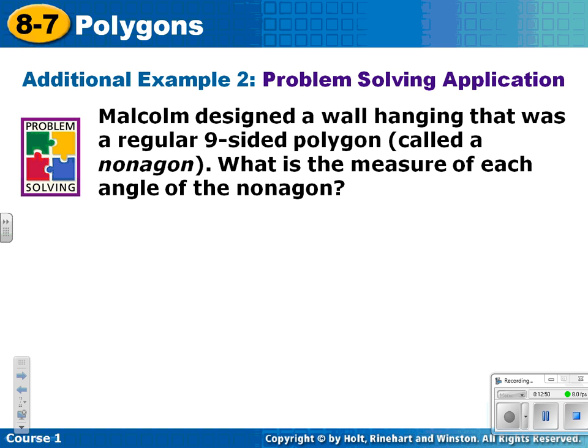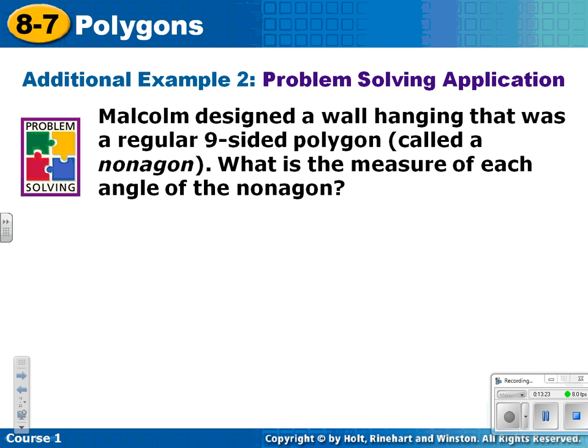Okay, now this is the complicated part. Malcolm designed a wall hanging that was a regular 9-sided polygon. It's called a nonagon. What is the measure of each angle of the nonagon? You can do this without actually measuring them because it's regular. What do we know about regular polygons? They all have equal sides. And it's closed.